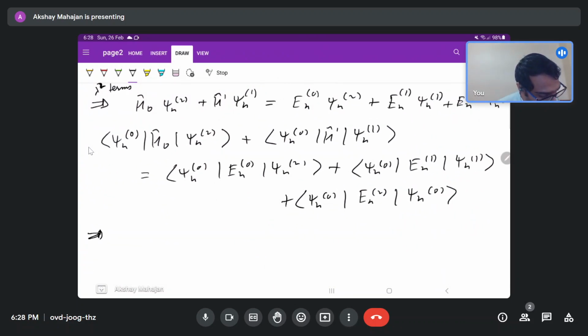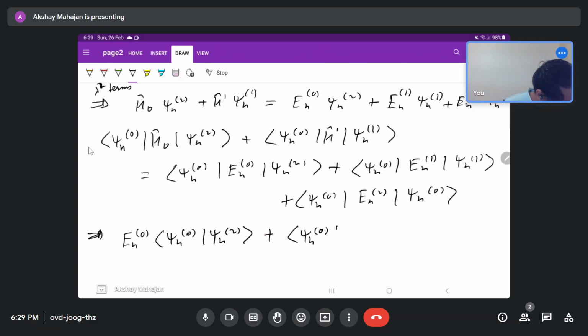Now here you can see in this first term, it is psi n to the power 0, so h cap naught will apply on it, and En of 0 will come out, and what we have is psi n of 0 here and psi n of 2, plus this term will remain the same, h cap prime psi of the first order.